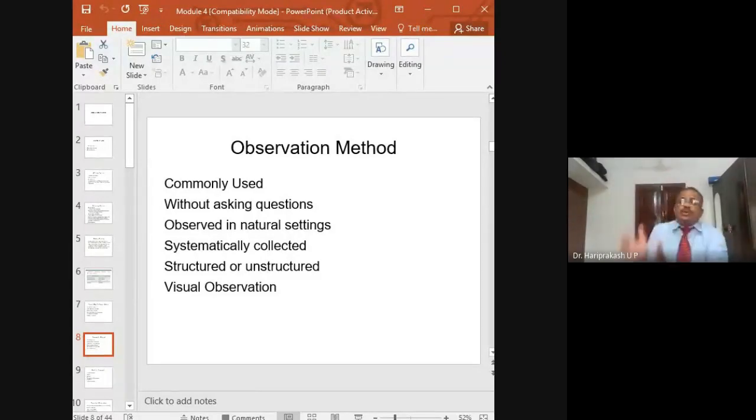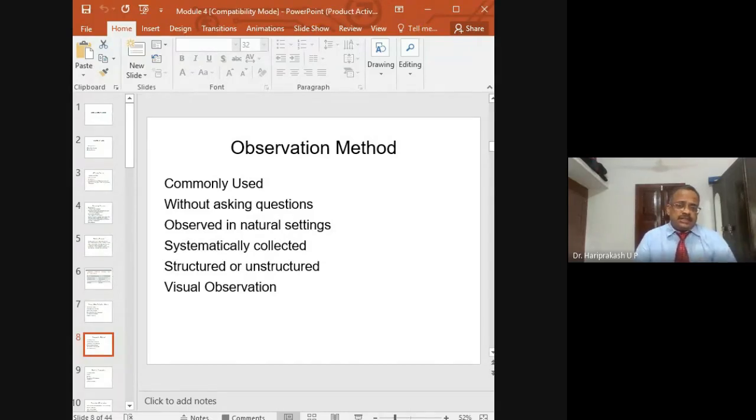All this data is stored in a server if it is a mechanical observation. If it is a manual observation, the person who has observed puts everything in writing. How many people have visited, whether they are influenced by displays, whether there are people who are accompanying. So all these things he will go on noting down, then he will finally compile this information.